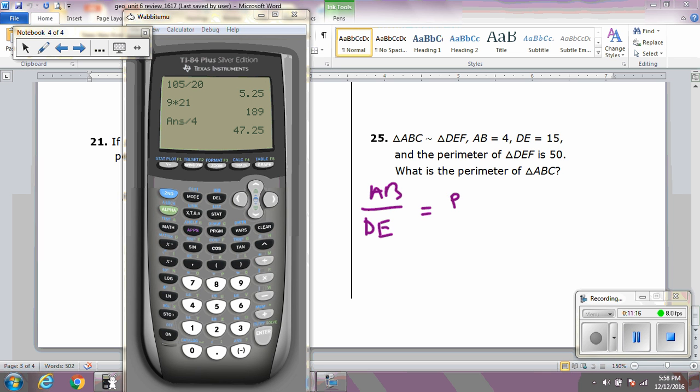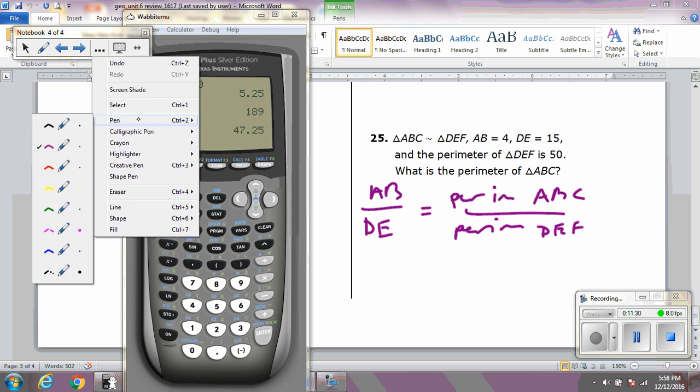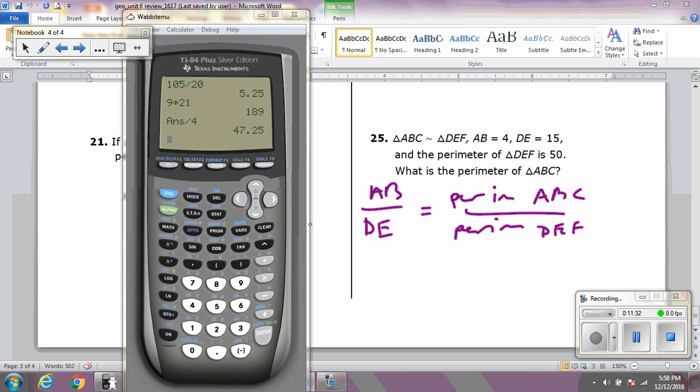And again, the perimeter of ABC is proportional or corresponds to the perimeter of DEF. So that means AB again was 4, DE is 15. Perimeter of ABC we don't know, so X. Perimeter of DEF is 50.